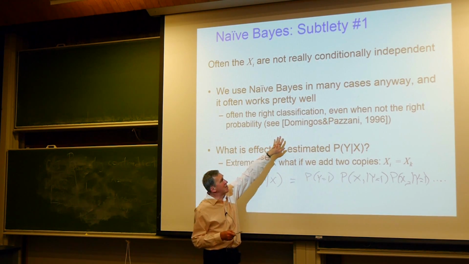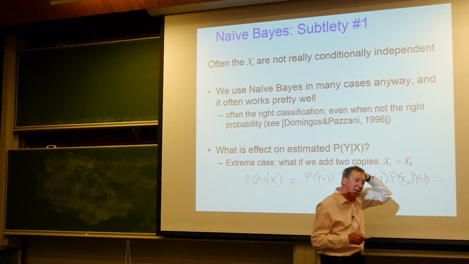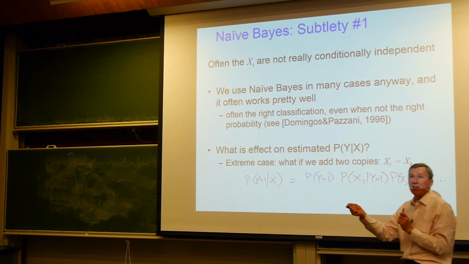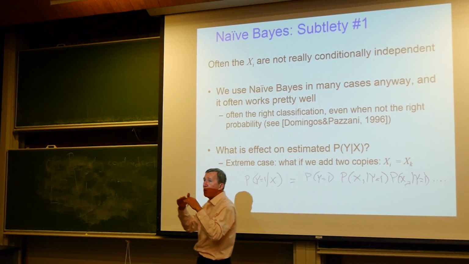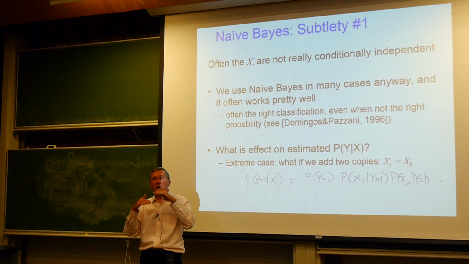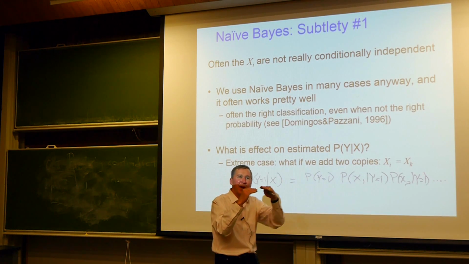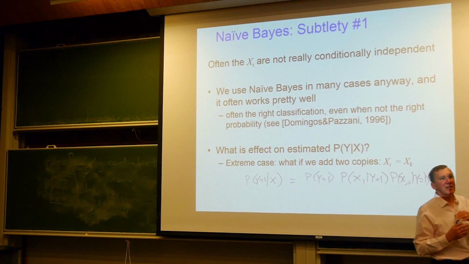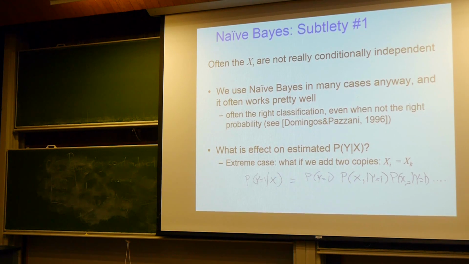In fact, there's an interesting paper by Pedro Domingos and Mike Pazzani some years ago pointing out that the reason we can often get good classifications is that, if the conditional independence assumption is violated, it might give us incorrect probabilities. But if we're going to finally just classify our example by saying y equals 1 or y equals 0, then the only thing that matters is whether we got the probability on the right side of our 0.5 threshold. And even if we misestimate it by some amount, as long as it ends up on the right side of the threshold, we will correctly label that example.